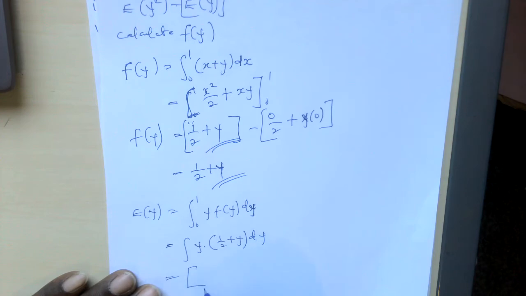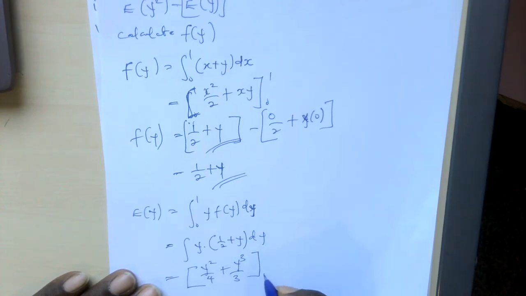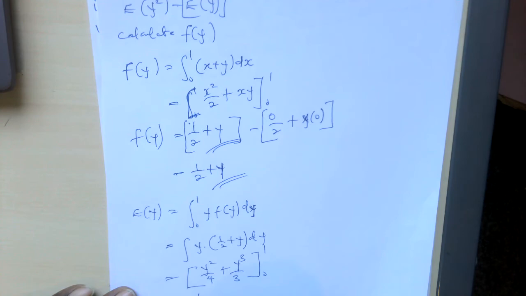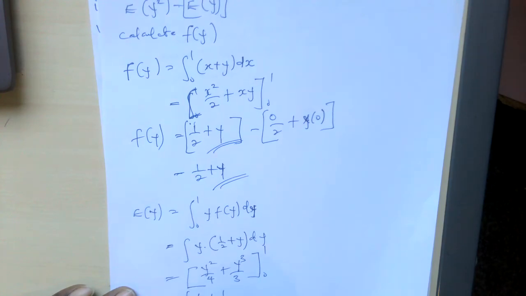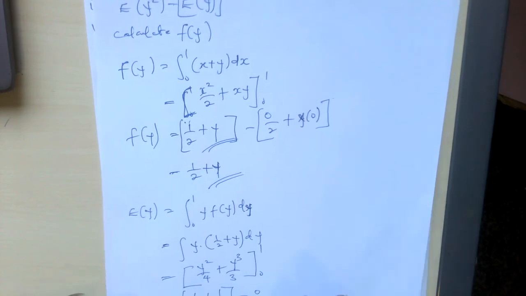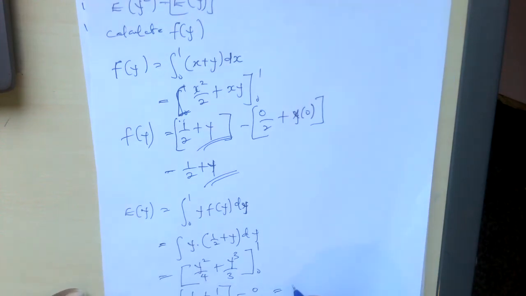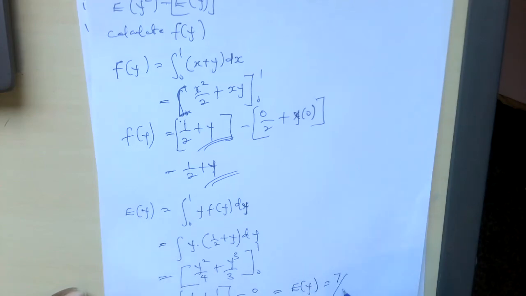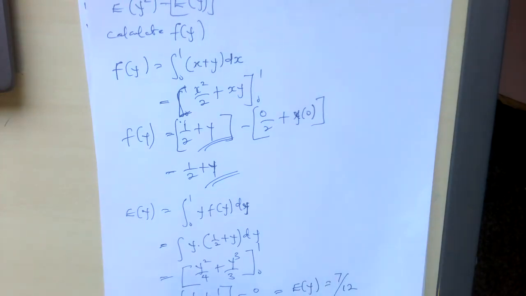When we integrate this, we have y squared over 4 plus y cubed over 3, from 0 to 1. So put 1 throughout, we have 1 over 4 plus 1 over 3. Also put 0 throughout, minus 0. So that gives us the expected value of y, what? 7/12 still. 7/12.